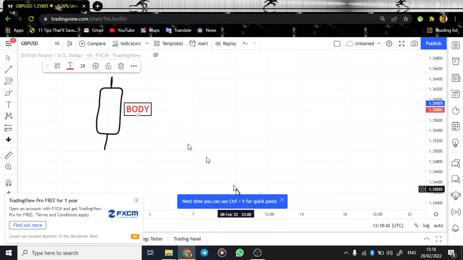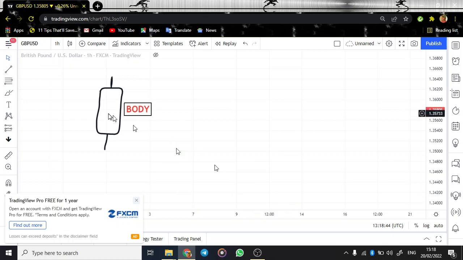The Japanese decided to do it this way in order to provide us with a simple representation of how price looks like, but I will further get into detail of how the body comes to be the body. And these two lines up here, these are the wicks.